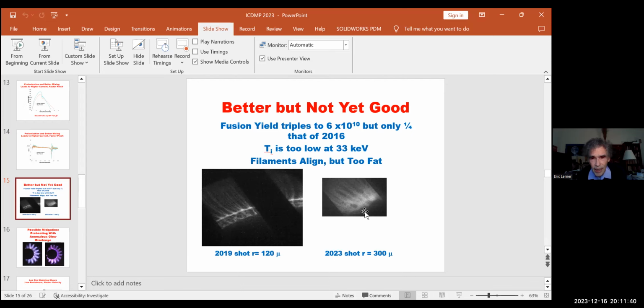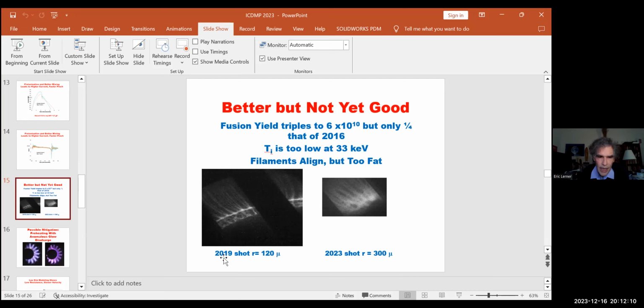Well, in this shot just 2 months ago, you can see that the alignment of the filaments with each other extends right to the front of the pinch. We don't get a lot of disorganization. There's a little, but not much. But the filaments are now much fatter, 300 microns. We attribute that to the slow breakdown.